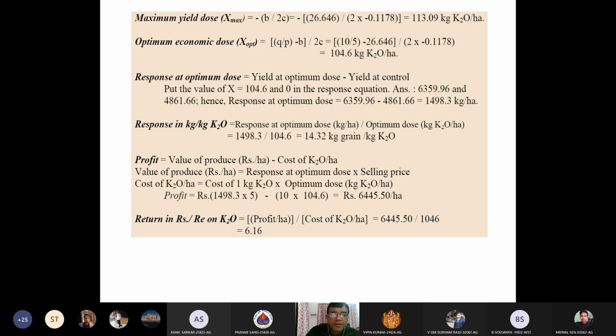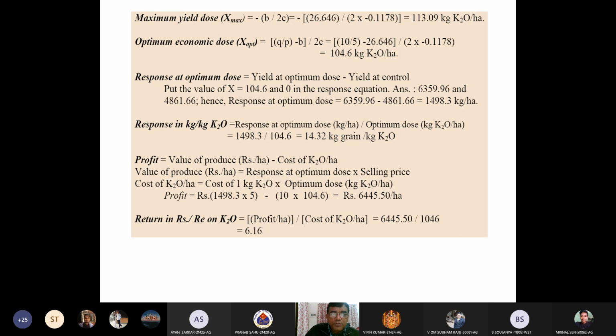Next is profit. Value of produce, what is the economic value of the produce in rupees per hectare, minus cost of K2O per hectare. So value of produce means response at optimum dose into selling price, and cost of K2O is cost of 1 kg K2O into optimum dose. So all these calculations are now based upon optimum dose.